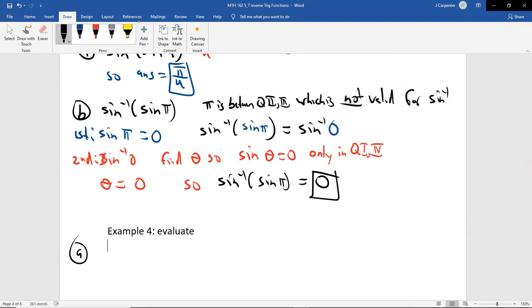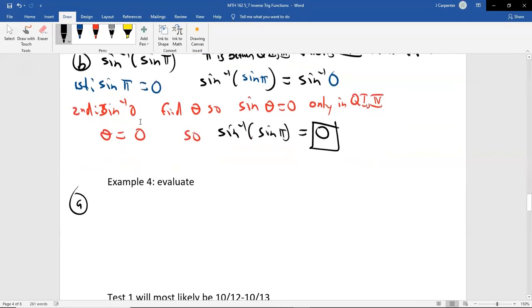I can certainly do that. And again, you're just working inside out. That's the core idea of these problems. If they don't match, work inside out. Do the inside problem on its own, then do the outside problem with the new information that you have. So for A, we're going to do the sine of the inverse tangent of 7/24.